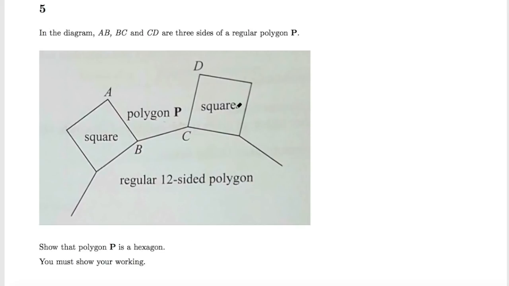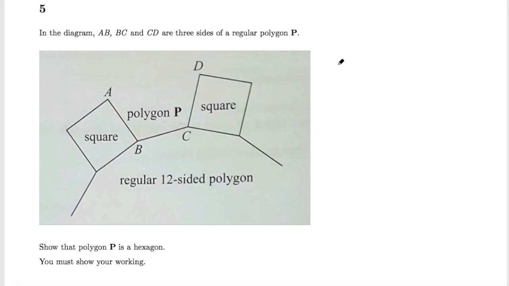Generally when it shows you a picture like this and asks you to prove that one shape is a hexagon, or some regular shape, you need to use the formulas for interior and exterior angles of polygons.